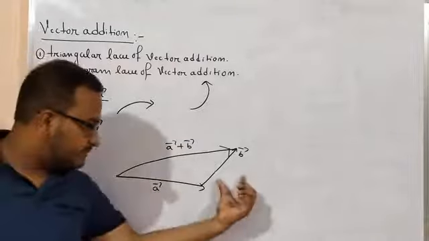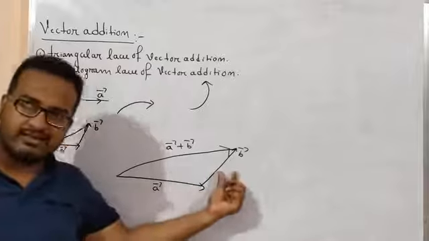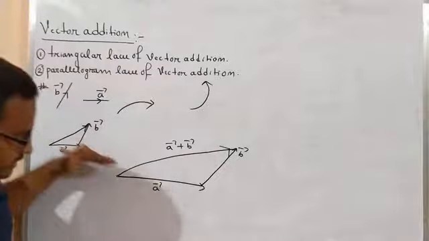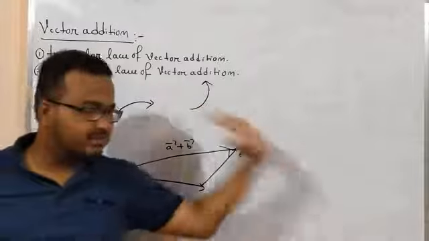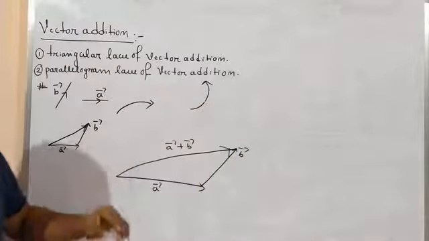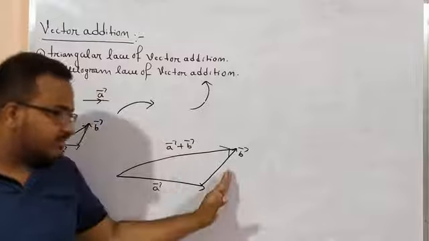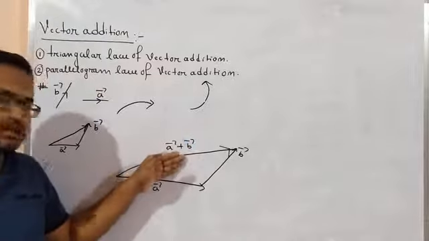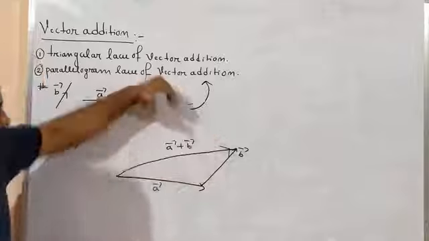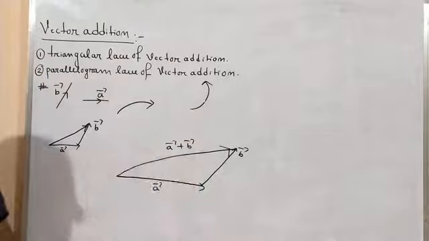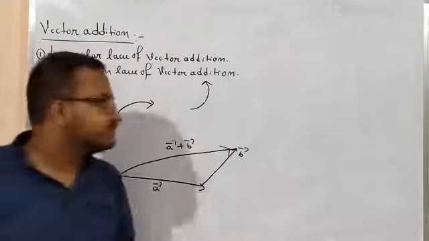If two vectors represent the adjacent sides of a triangle taken in the same order, because this order, this and this, in this direction, then the sum of these two vectors represents the third side of the triangle taken in reverse order. So this is in this direction. So this is the triangle law of vector addition.